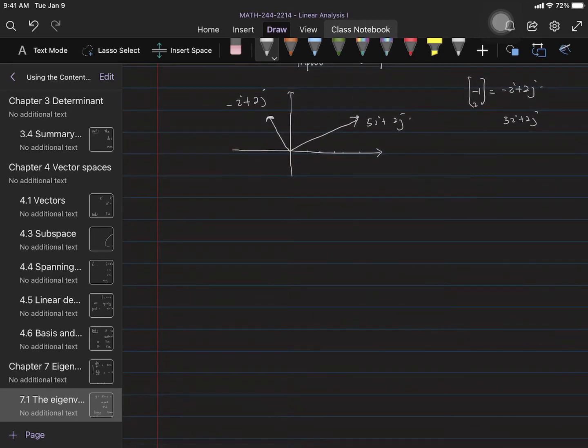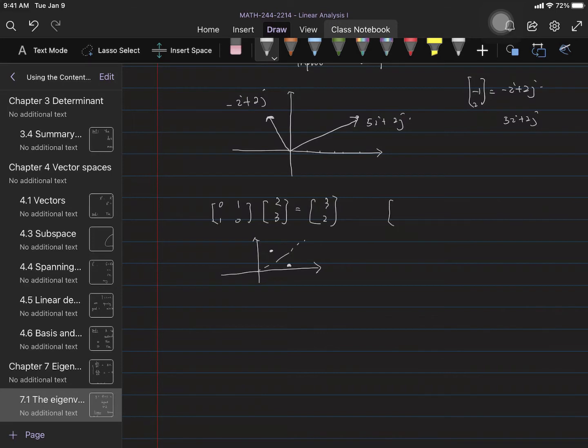Now I'm going to give you more examples. This matrix [0, 1; 1, 0] can transform the vector (2, 3) into (3, 2). If we draw the graph, the transformation changes this vector into the other vector, symmetric about the line.